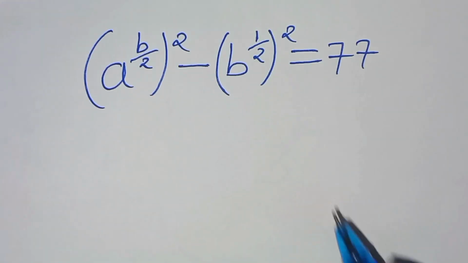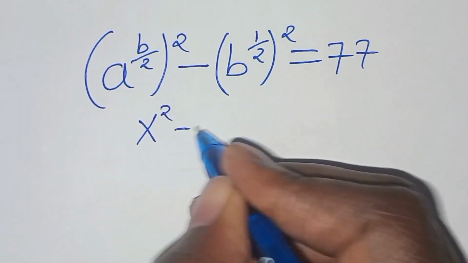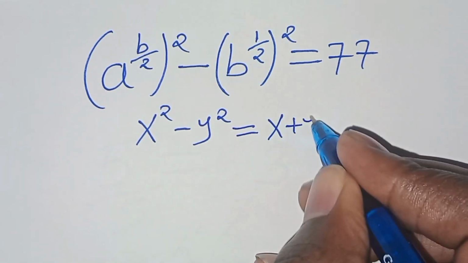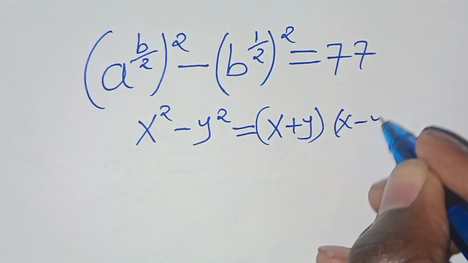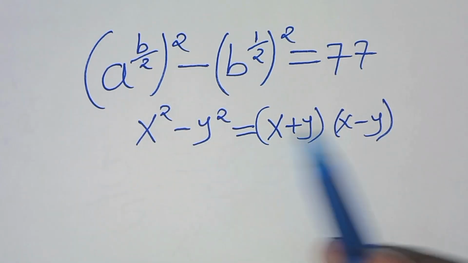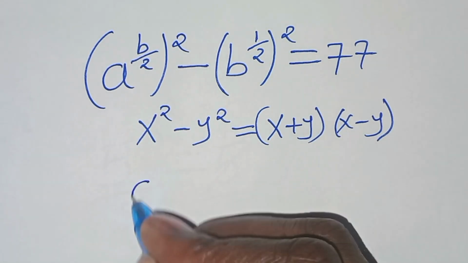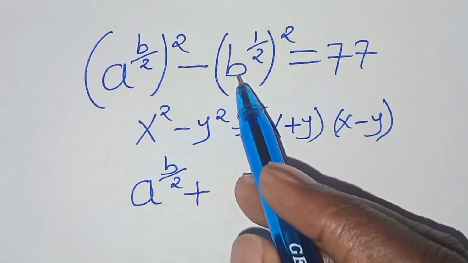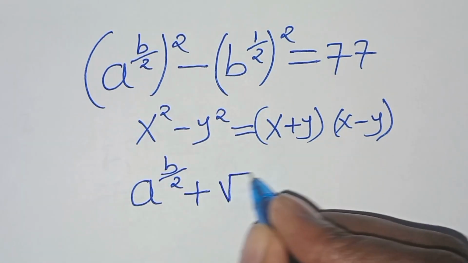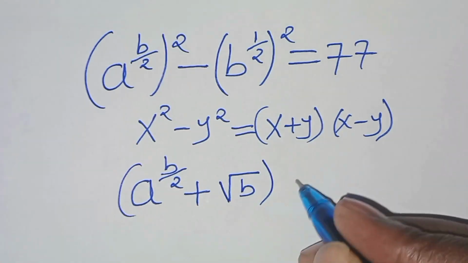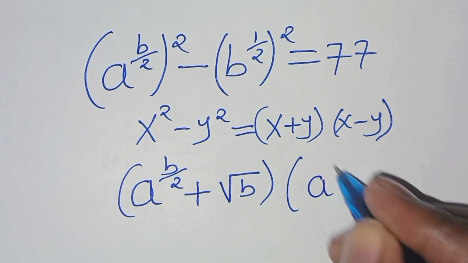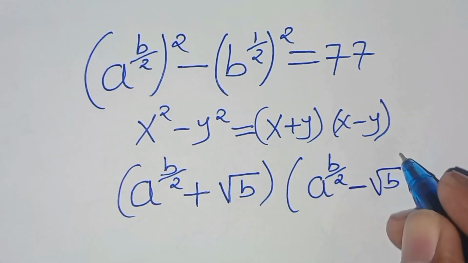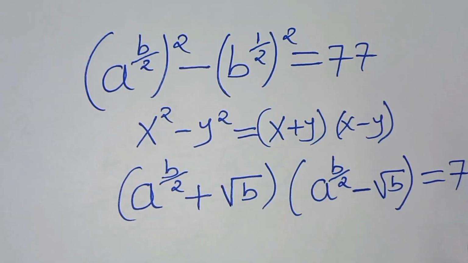Now this equation is actually in the form of x squared minus y squared, which is the difference of two squares, which you can express as x plus y times x minus y. So applying this property, here we'll have a to power b over 2 plus b to power half, this is the same thing as square root of b, and then a to power b over 2 subtract square root of b, this is equal to 77.